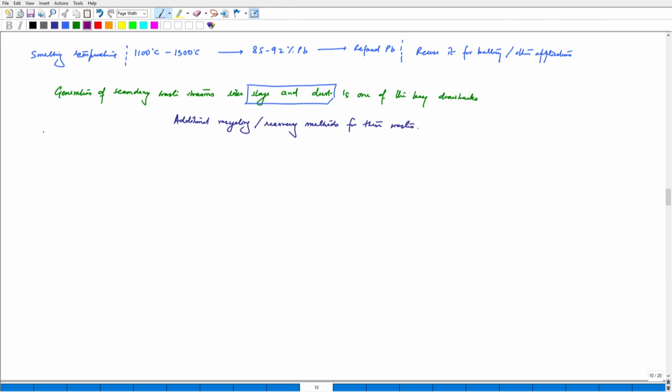Now we have dealt with pyrometallurgical, we will now be looking at the hydrometallurgical method of recycling lead acid batteries.